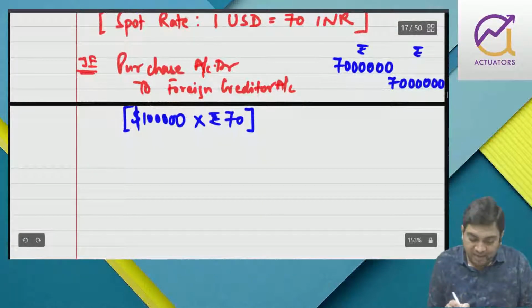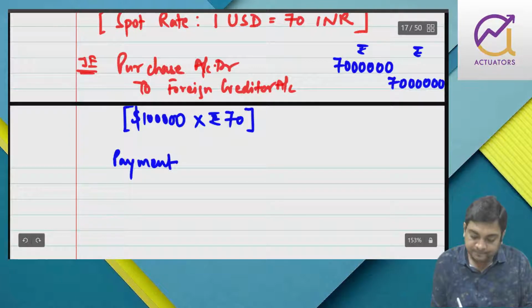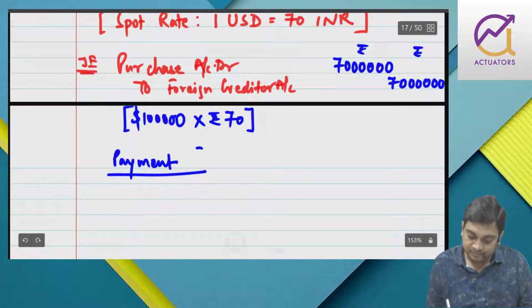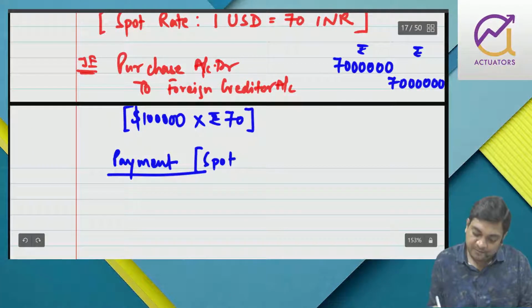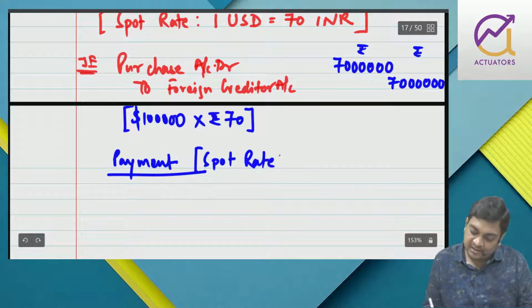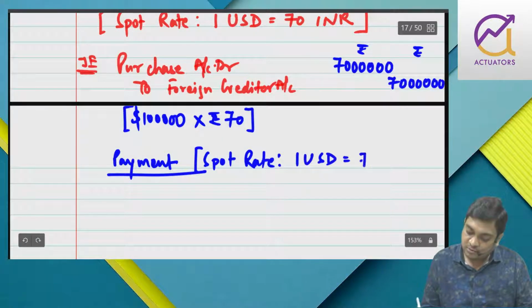Now on the date of payment, the spot rate is 1 USD equal to 75 INR.